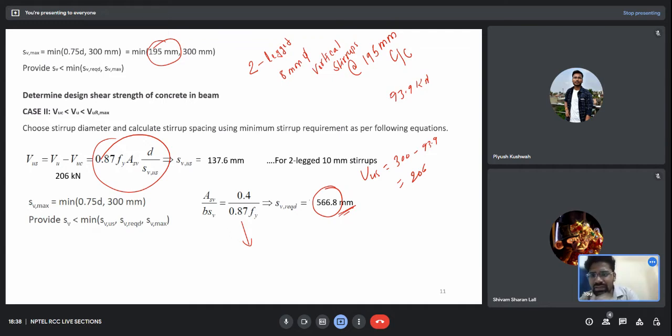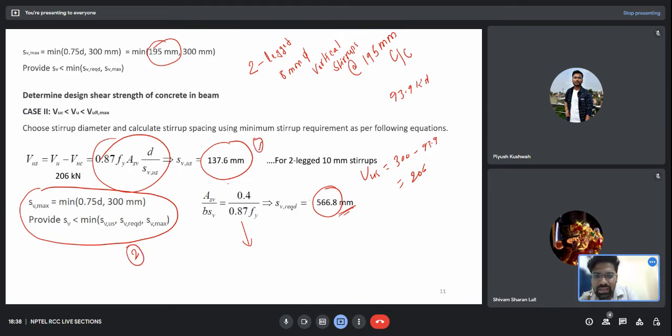Let me simplify this. This is the first spacing which I got from this formula. This is the second spacing criteria, and this is the third spacing criteria. The first spacing criteria is because of the minimum area of shear reinforcement.